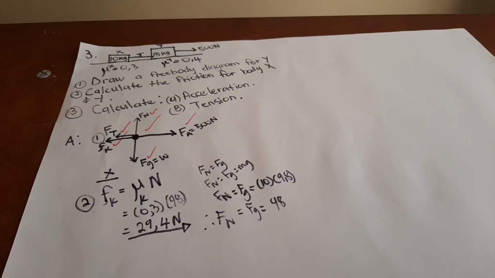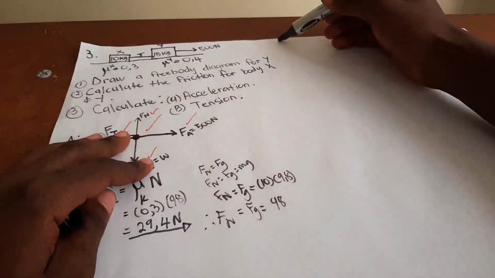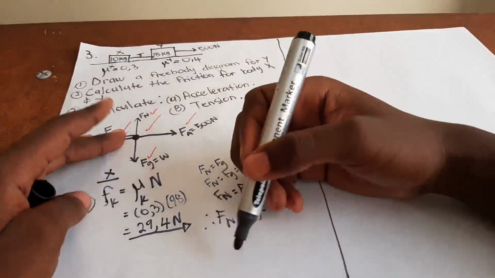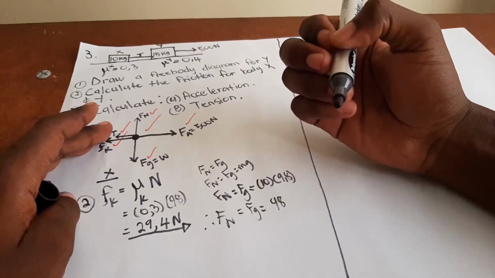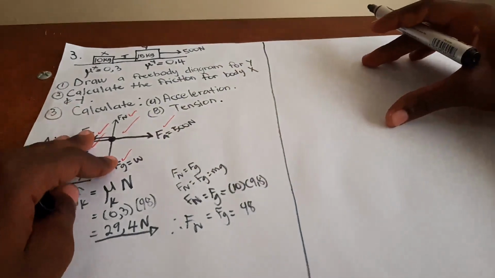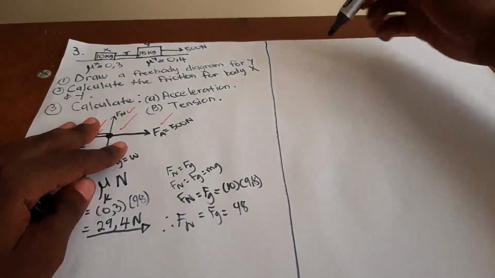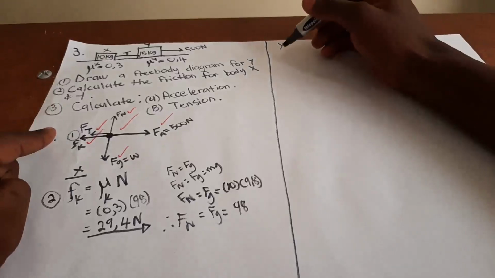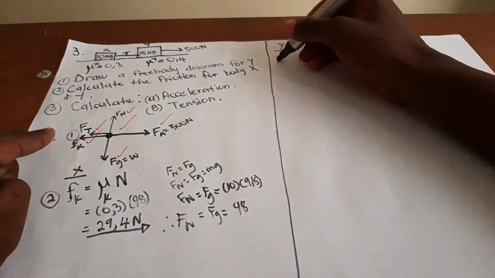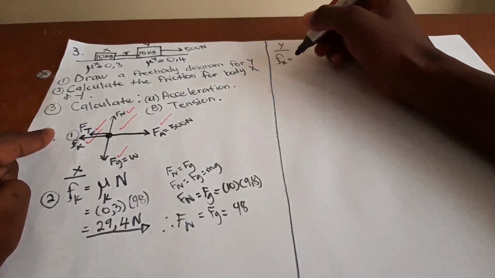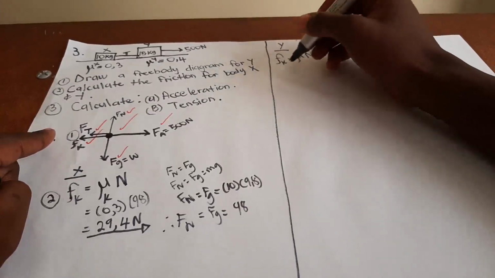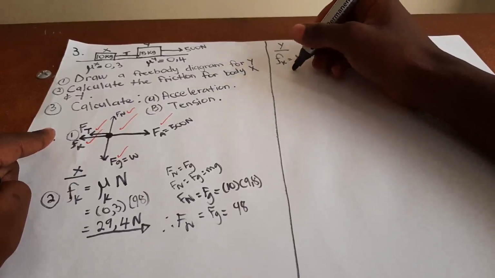Let's calculate for y now. So now we're calculating for y. Our kinetic frictional force is equal to mu times the normal force.